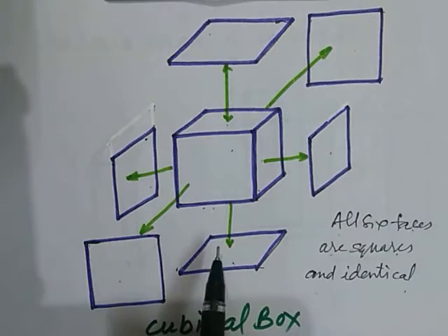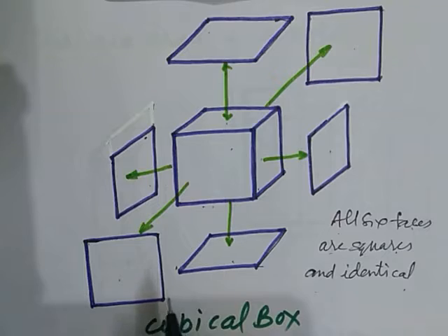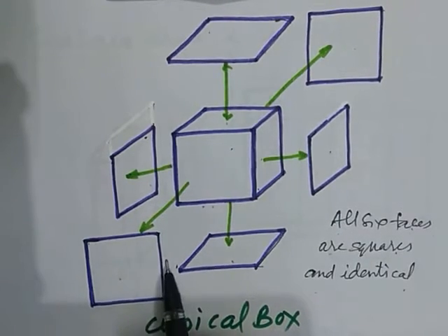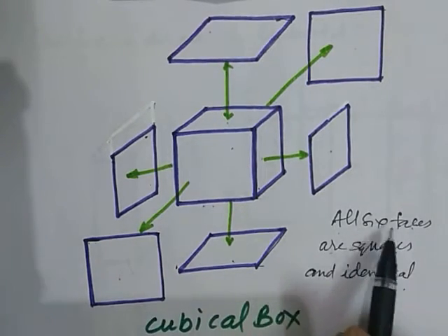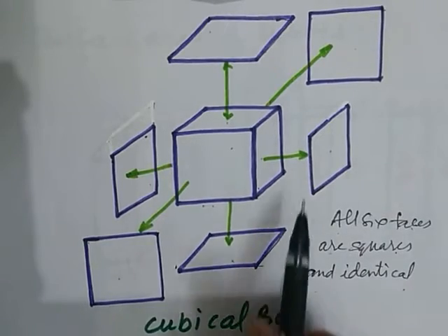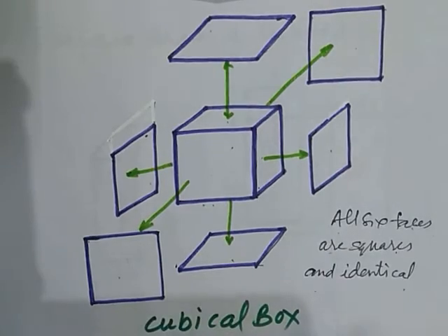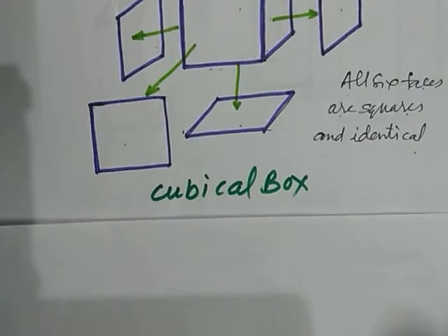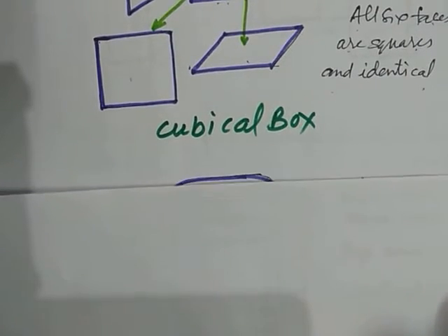This cube has six identical squares, and we know that a square has the area a into a, that is a square, and the cube contains six identical faces. So the surface area of a cube is 6a square. This way we can learn the surface area, and we can identify the three-dimensional solid shapes.